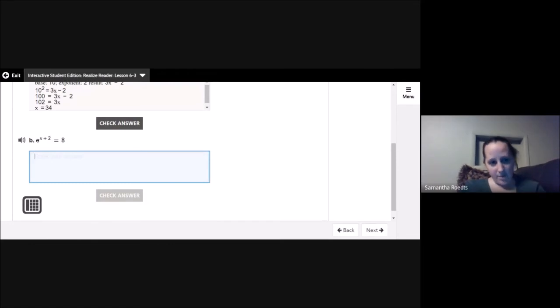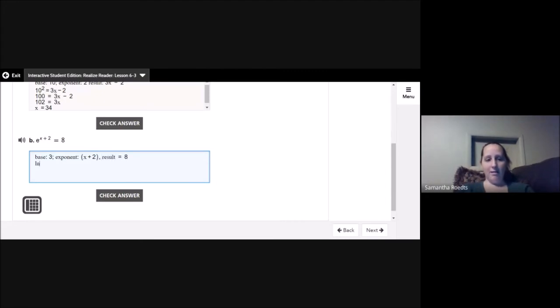For this one, B, e to the x plus 2 equals 8. So this is going to be a base of e. The exponent is x plus 2, and the result is 8.